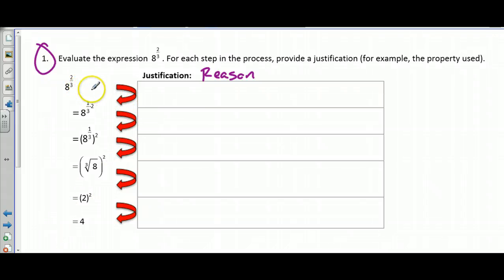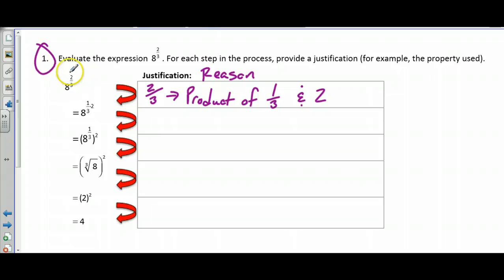All right, 8 to the 2/3. Why can we make it 8 to the 1/3 times 2? Well, that reason is just because 2/3 can be rewritten as the product of 1/3 and 2. All we did is take that and rewrite it as the product of those two things.